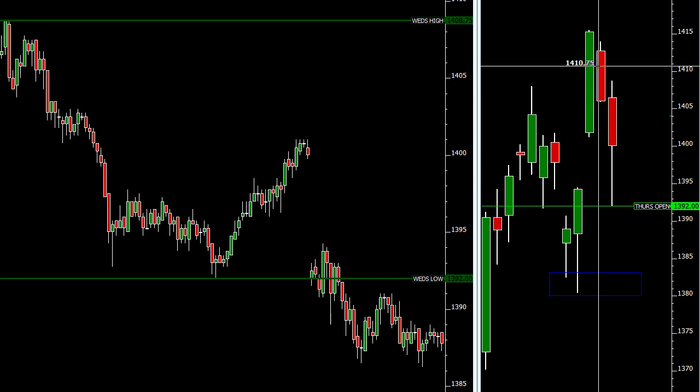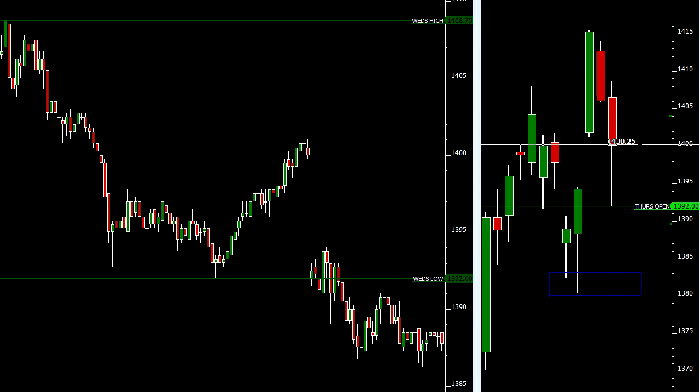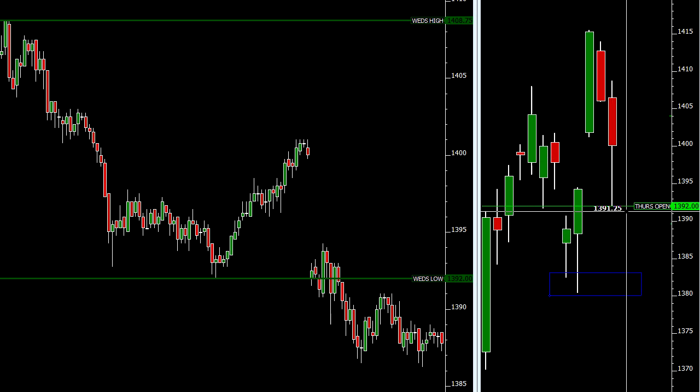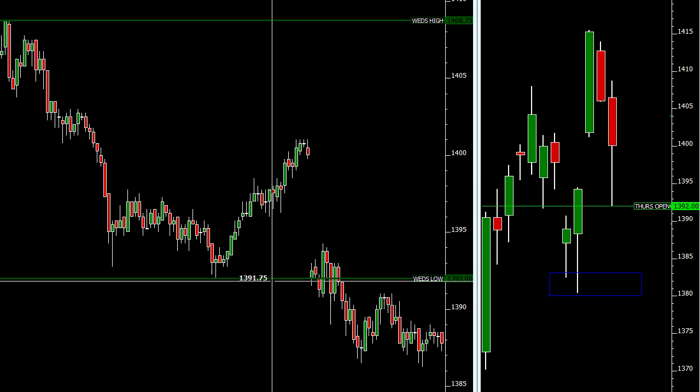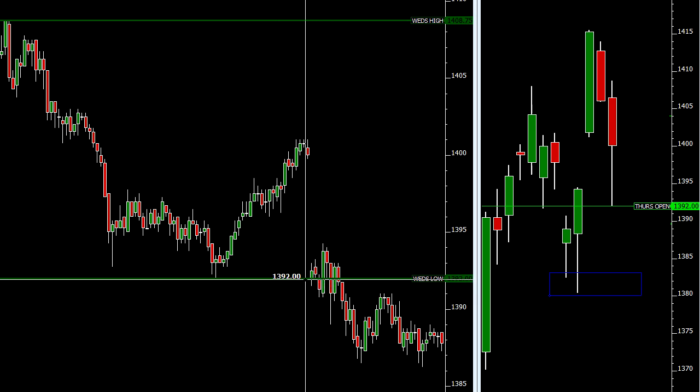This one on Wednesday did trade back up, but it still finished down, and it was still a negative, especially considering the open on Thursday, which was at 1392, and we can see there it was right on that Wednesday low.